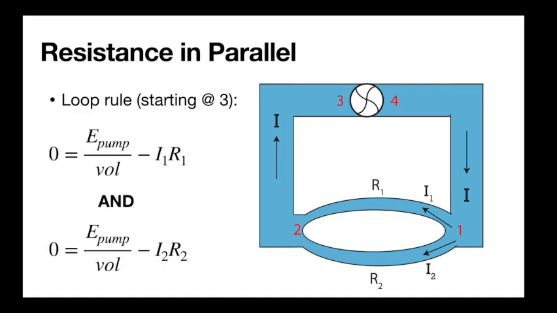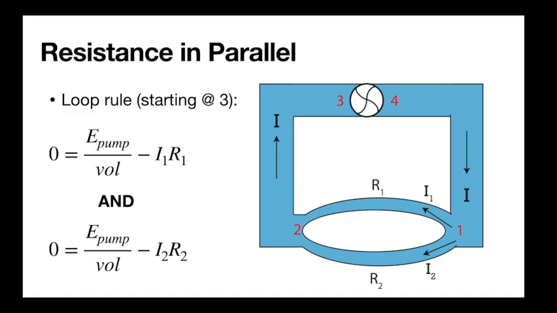And so I get two loop rule equations. The total head is 0, because we went in a whole loop. There can't be any change in the total energy that the fluid has. So one way, it gains energy density from the pump, and then loses it in pipe 1, where it's R1, or it gains energy density from the pump, and then loses it across I2. In this case, like I mentioned, they do not share currents, because whatever comes in through here can go either here or there.